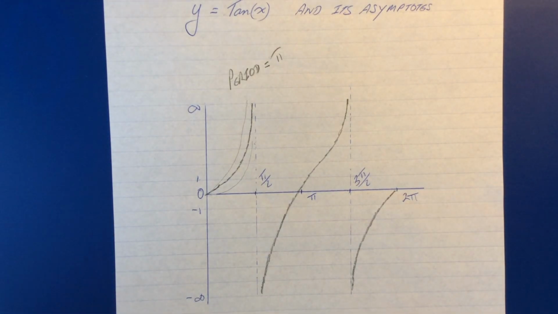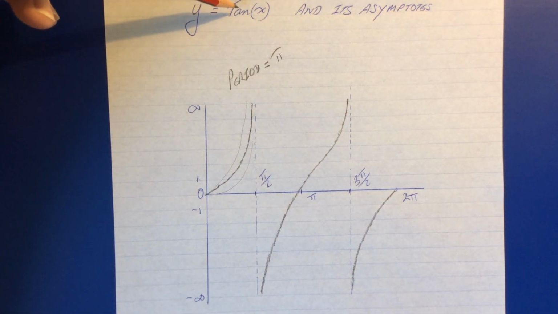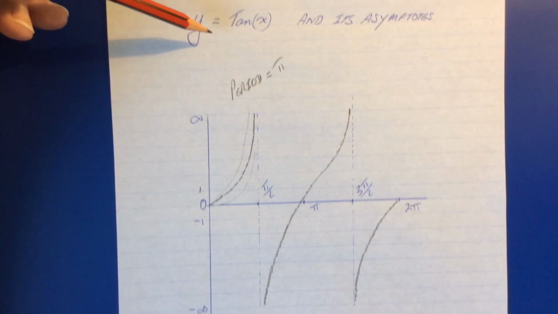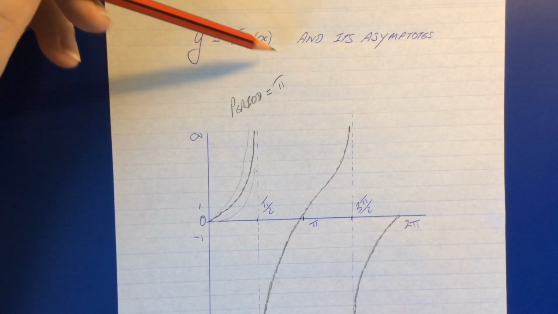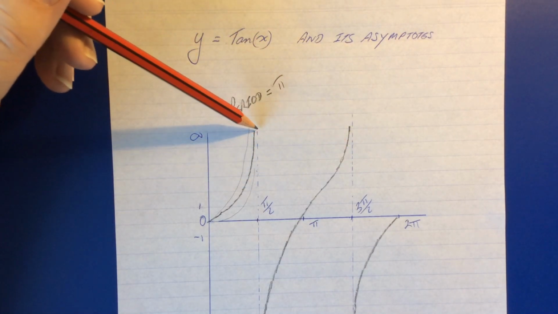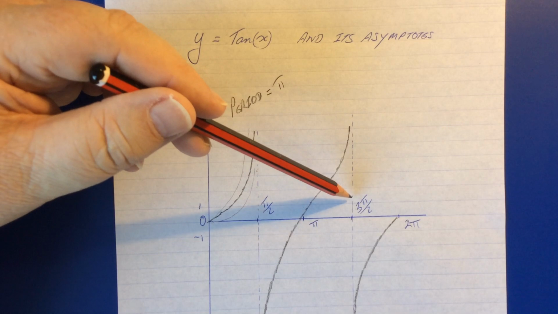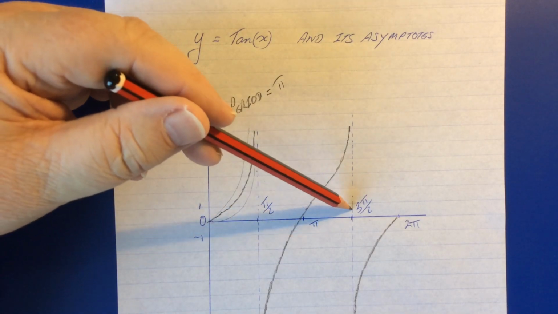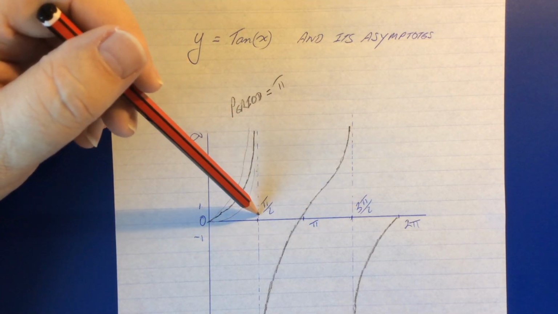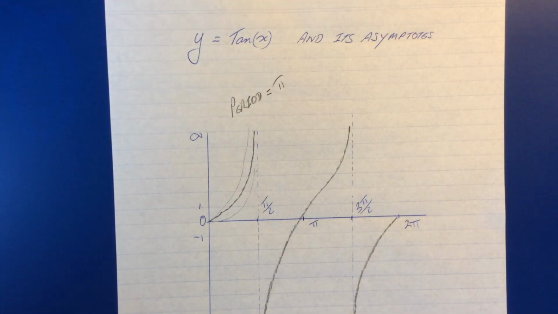Now, that's all I wanted to point out in this video. There'll be other videos where we look at the way in which this function can be altered to make the graph move and do various other things, including the movement of these asymptotes. Pretty much everything that you can do to other trig functions you can do to this. It just tends to manifest itself in a slightly different way.